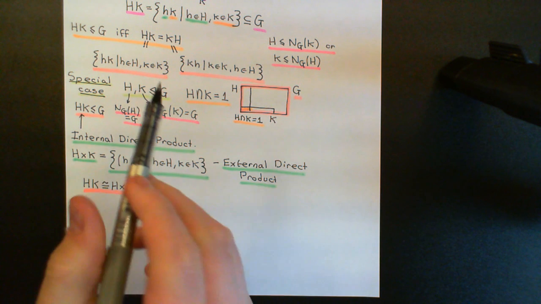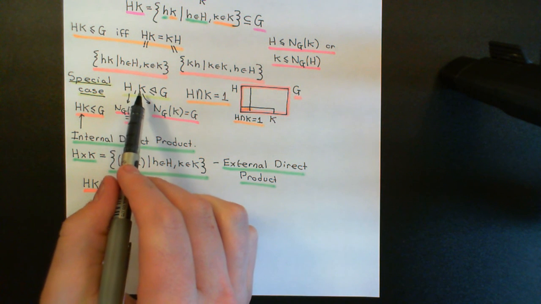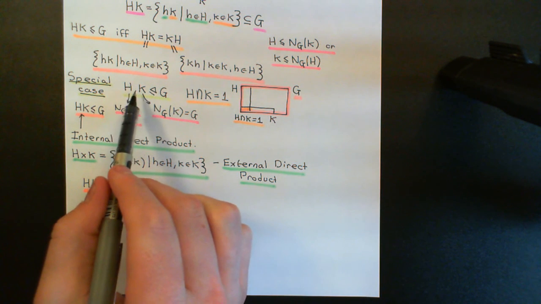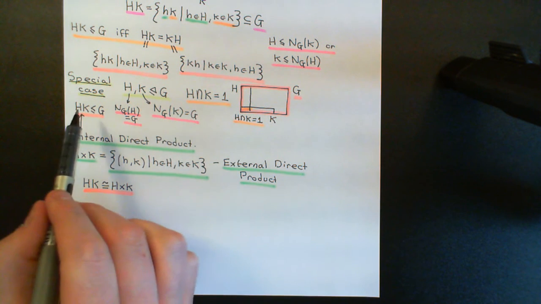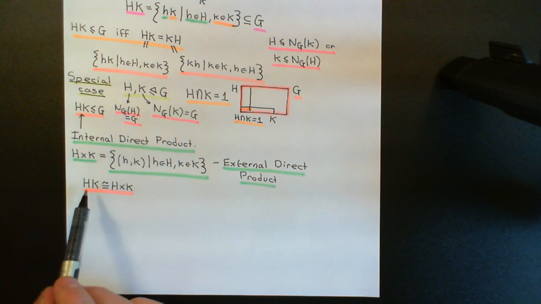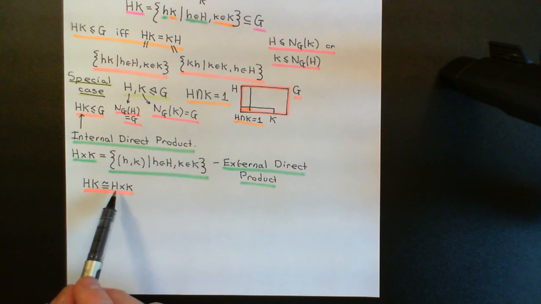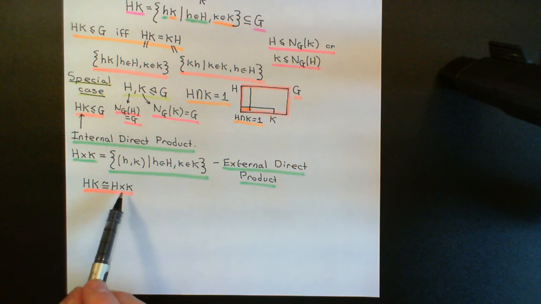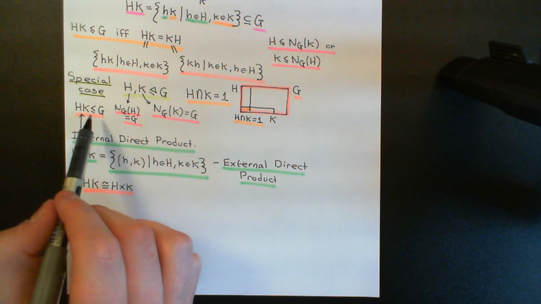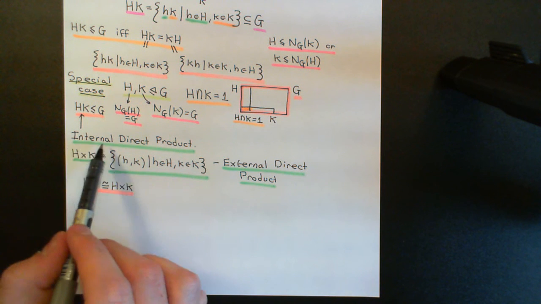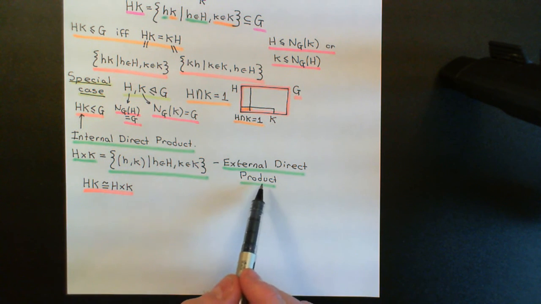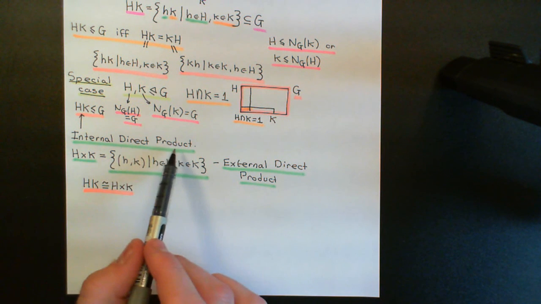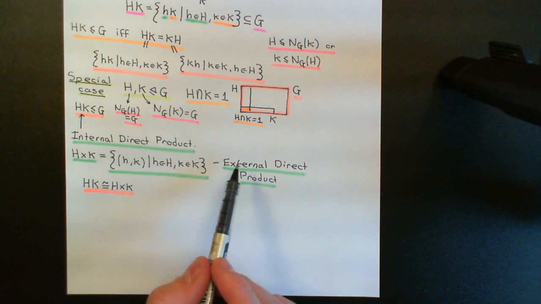So under this special circumstance where you are taking the subgroup product of two subgroups that are normal in G with trivial intersection, it ends up being isomorphic to what you'd get if you direct producted the two subgroups together, and that's the reason that we call the subgroup product in this case the internal direct product, and we call the direct product in this case the external direct product, because effectively they're giving the same thing, but through two different approaches.